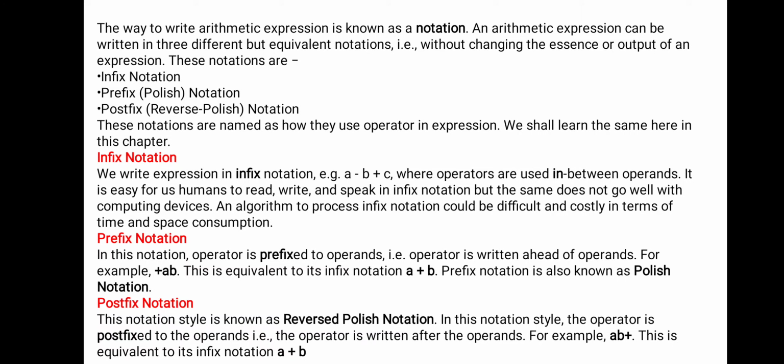In prefix notation, operators are placed before the operands, and computation is very easy for the computer. Plus AB is a best example: instead of placing plus in between A and B, we place the plus before AB.